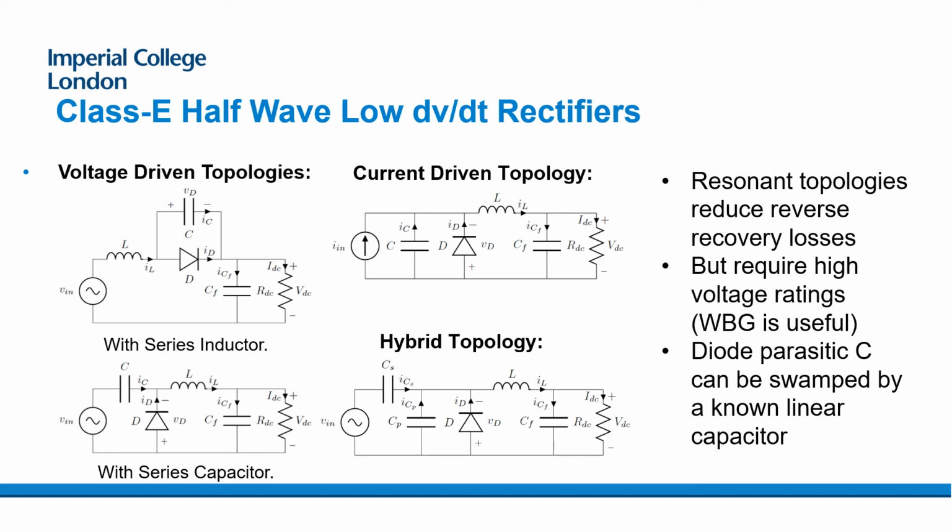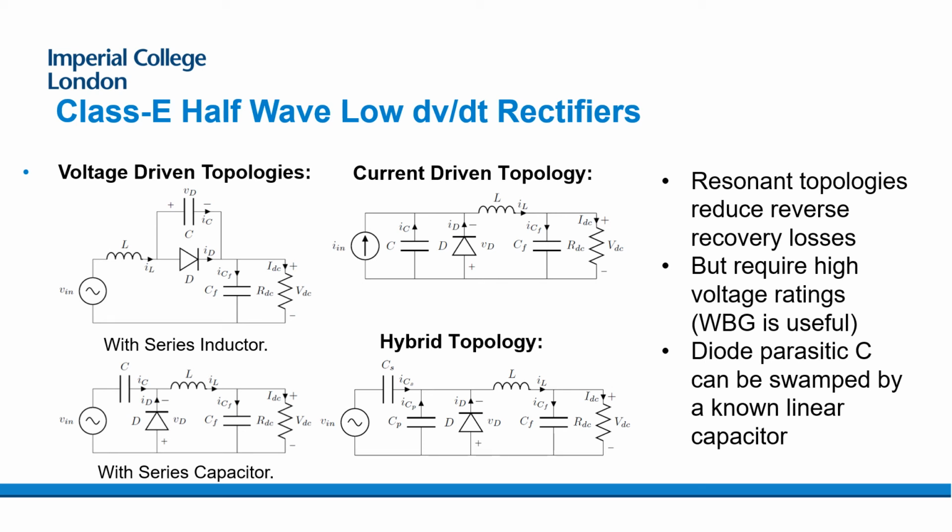This means that the overall capacitance across the diode, in other words the value of that known linear capacitor that I add plus the junction capacitance, now sees a very small fractional change as long as the capacitance that I add is less than the junction capacitance of the diode. Consequently, that change in reflected reactance I was talking about, due to the changes in the junction capacitance of the diode, can be largely negated.